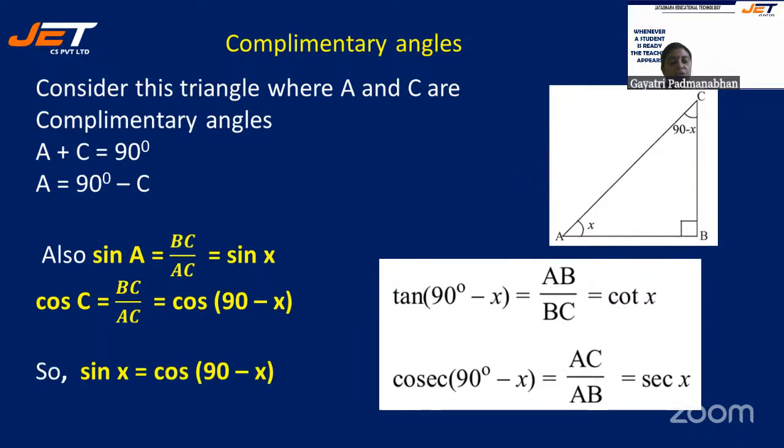So sin x is cos of 90 degree minus x. Similarly, tan 90 minus x is cot x. Cosecant 90 degree minus x is secant x.